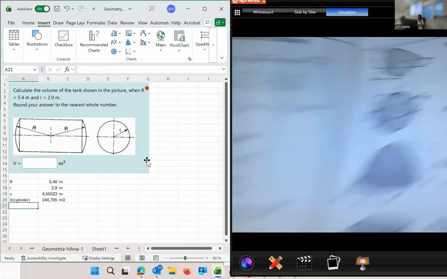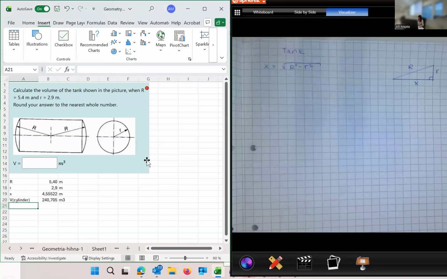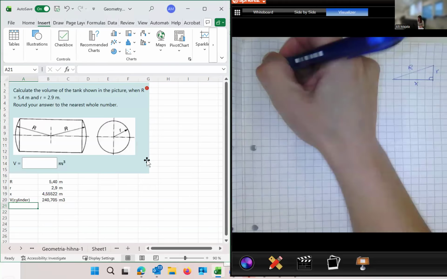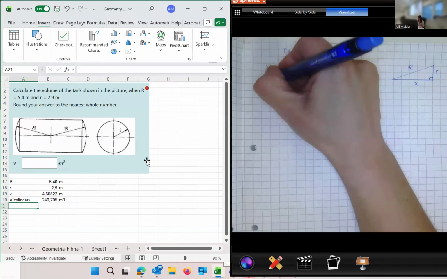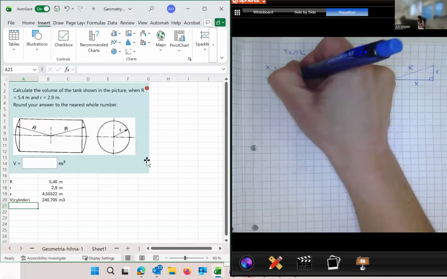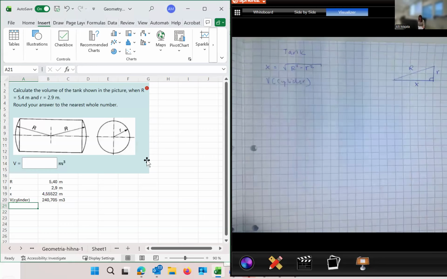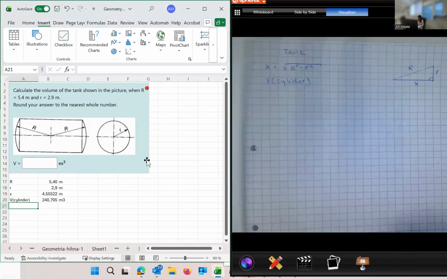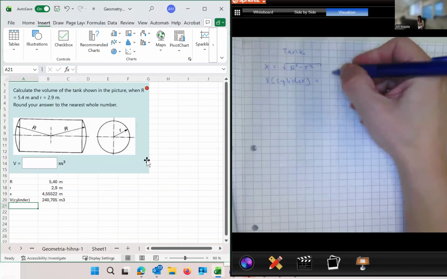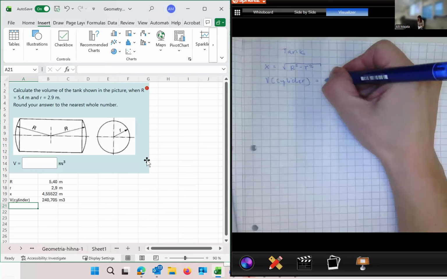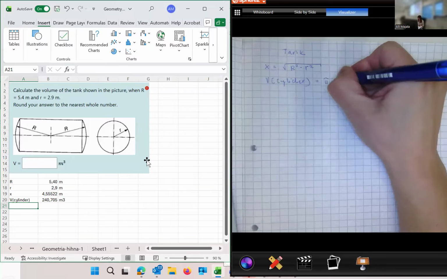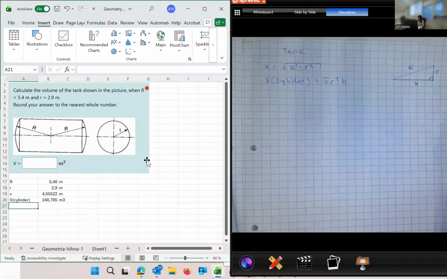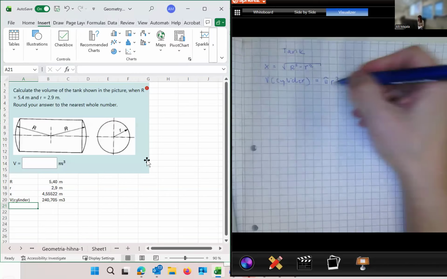So I will just write here, what do I need? So I have the x, I have the volume. I already know the volume of the cylinder. I just use there the normal equation. Right, yeah, it's a right cylinder, which is the bottom area times the height, and my height here was 2x.